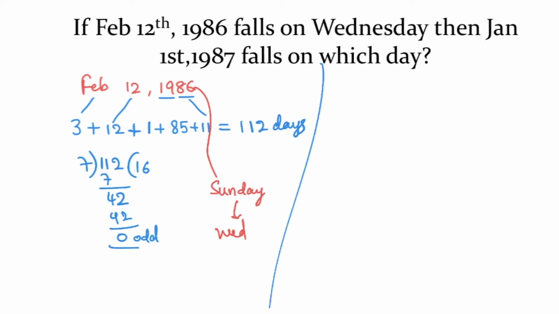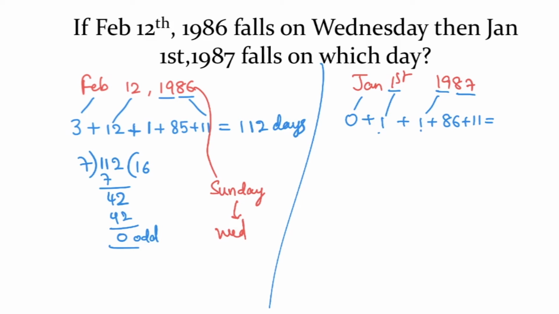Similarly, Jan 1st 1987: Jan code 0, day 1, century code 1, 86 years completed, divided by 4, 11 times, 11 leap years completed.